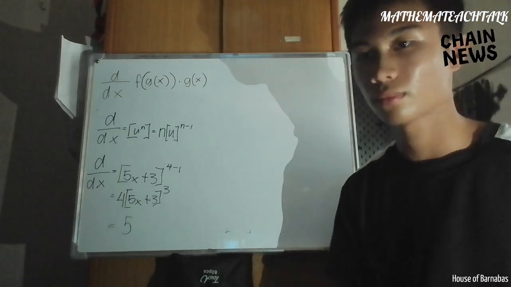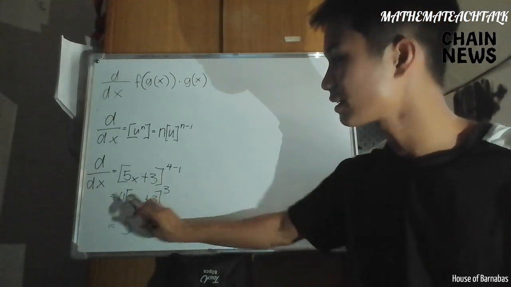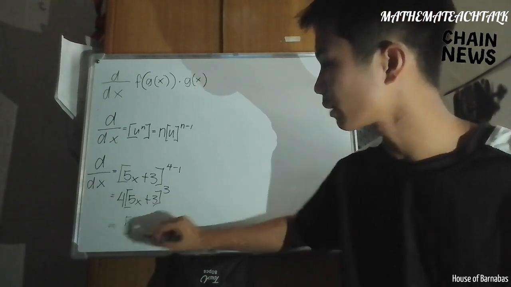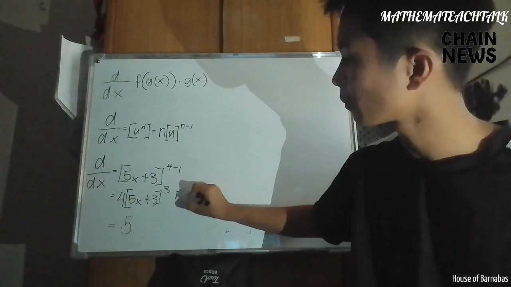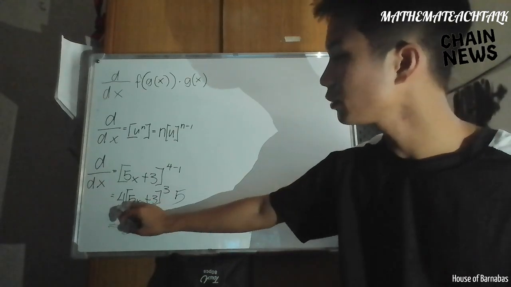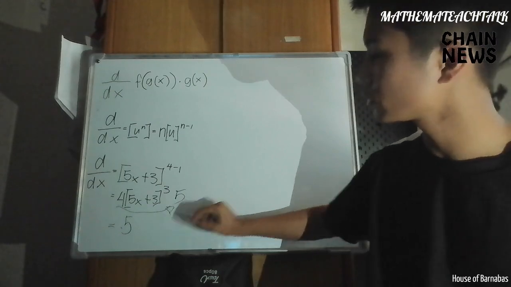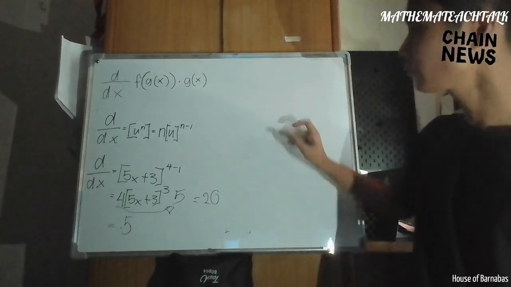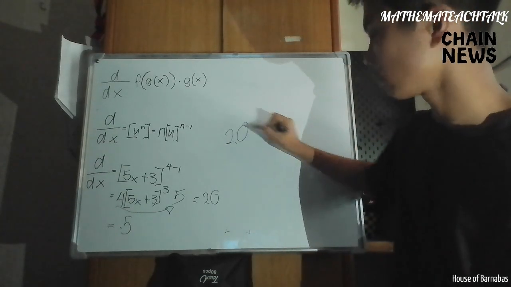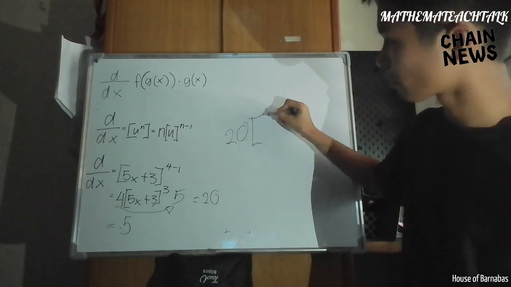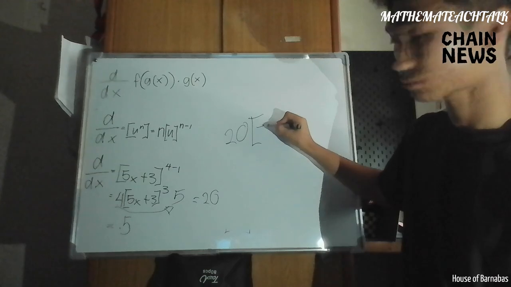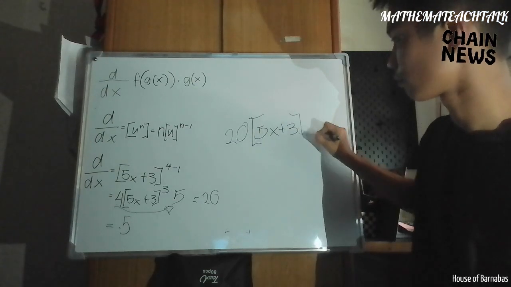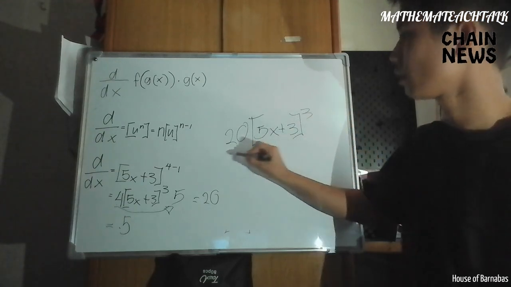To simplify this equation, we can multiply 4 and 5 because 5 is going to be here. It's equal to 20. There we go. Then we have to rewrite it. 20, and this is the answer.